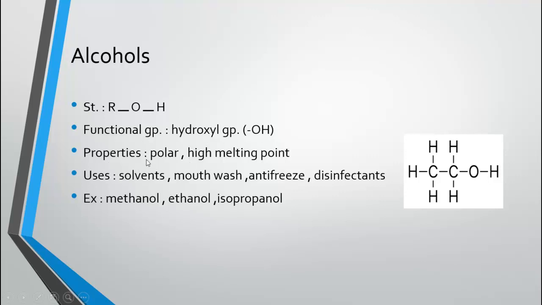The properties of alcohol: it's polar and has a high melting point. We use it in solvents, mouthwash, antifreeze, and disinfectants. Some examples of alcohols are methanol, ethanol, and isopropanol.